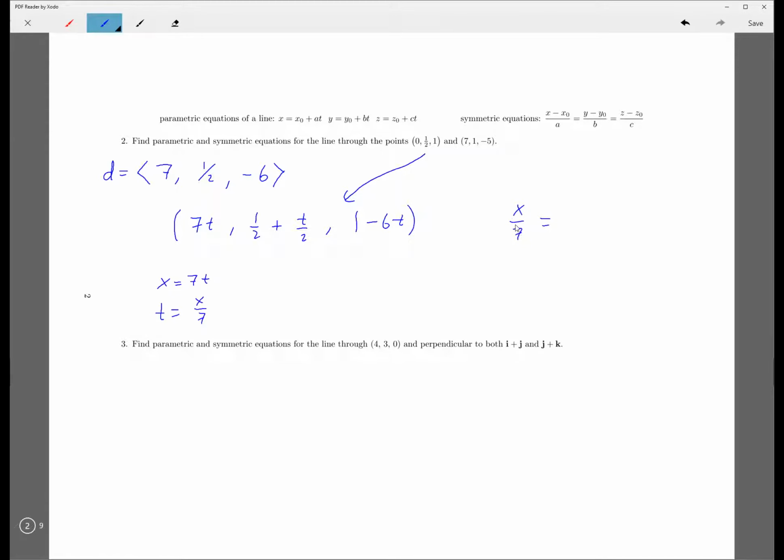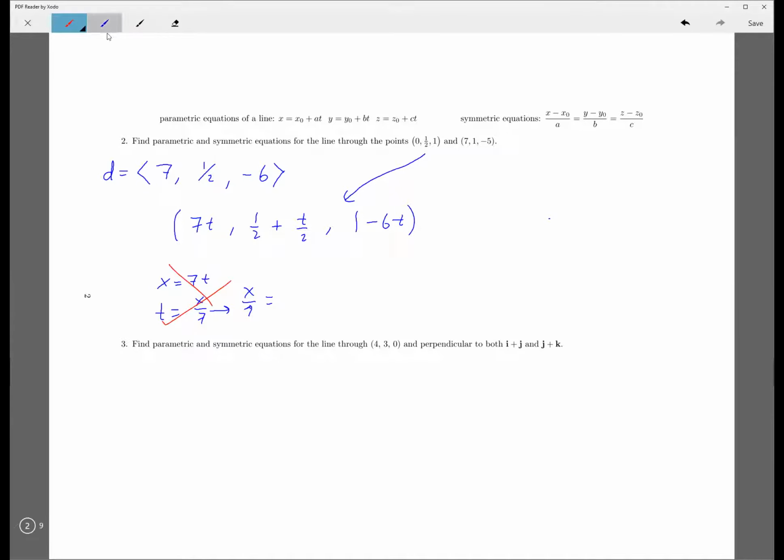Okay, so none of those says x/7. So that's not going to work. Okay, hold on. Okay, so I did this, and then I'm like, okay, I'll solve for t. And then x/7 equals, and then none of them starts out that way, so that didn't work.